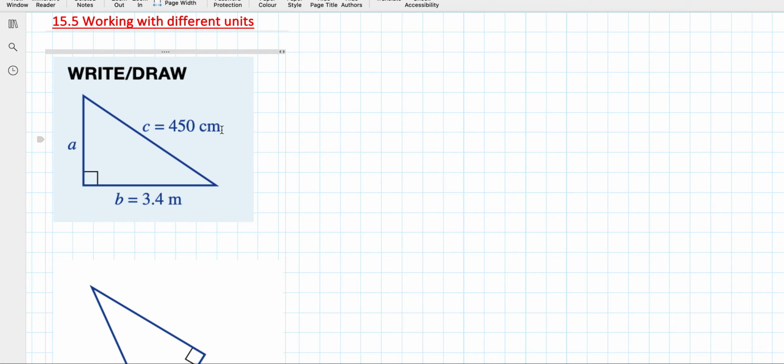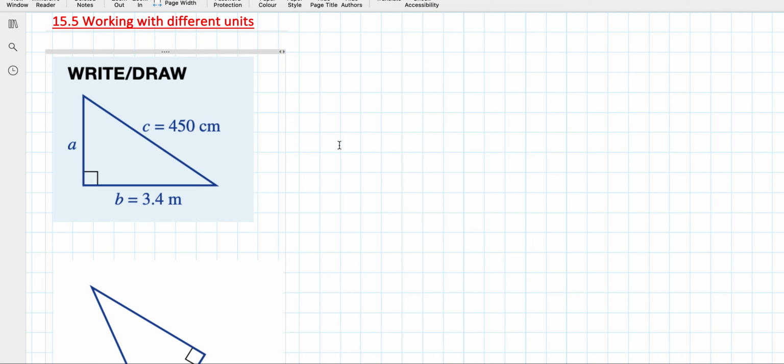In that case, I will change the centimeters. But if I can choose which one, I recommend that you always go to the smallest unit. The reason is that in that way you might avoid working with decimals. Not that there is a problem working with decimals, but I think the calculations might be easier.